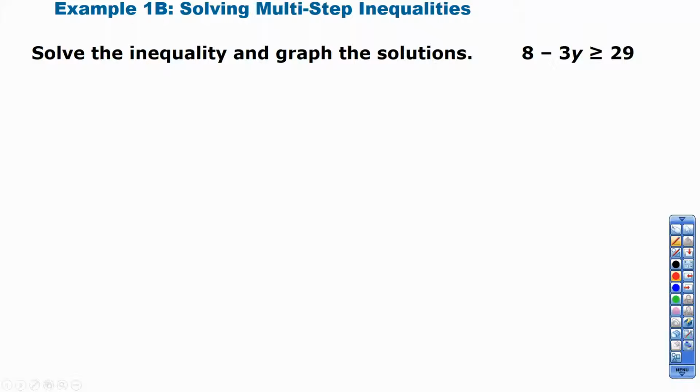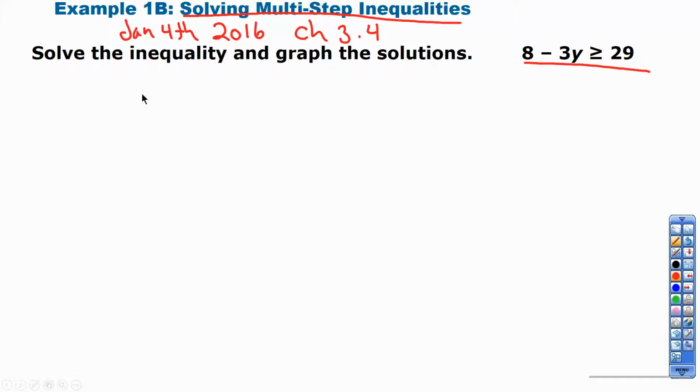It's going to be January 4th, 2016, and it's going to be chapter 3.4, solving multi-step inequalities. When you have that written down, I want you to write down this on your paper: 8 minus 3y is greater than or equal to 29.